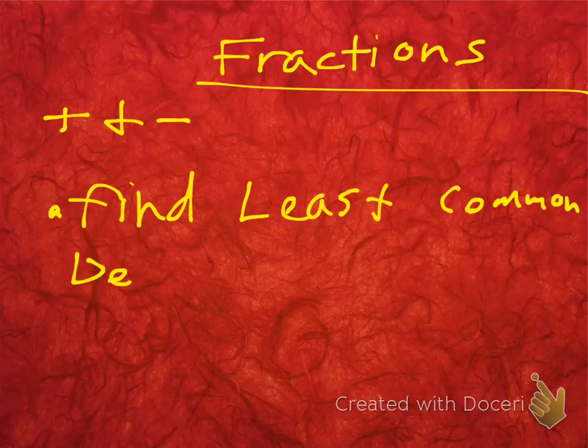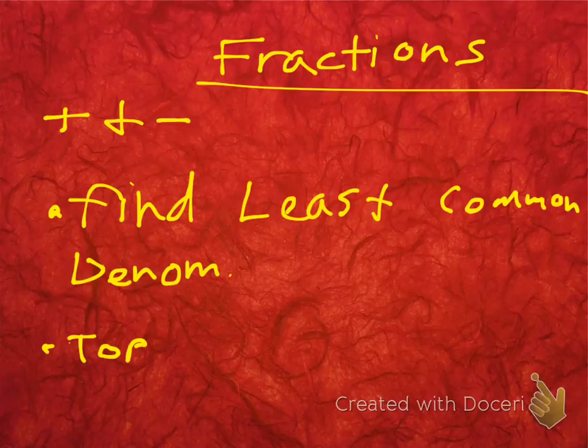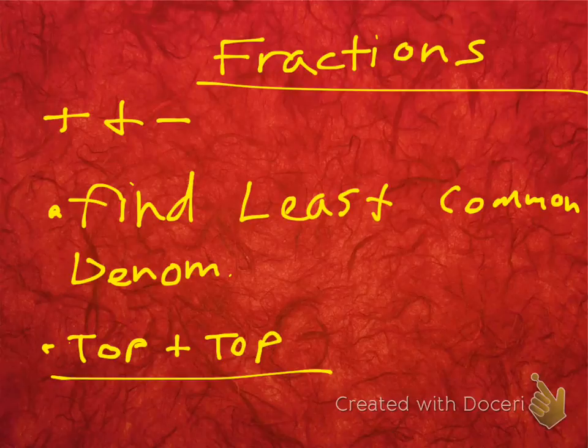There it is. The least common denominator. We have to have the same denominator to add and subtract fractions. So we've got to figure out what the least common denominator is. Once you do that, you're going to say top plus top.